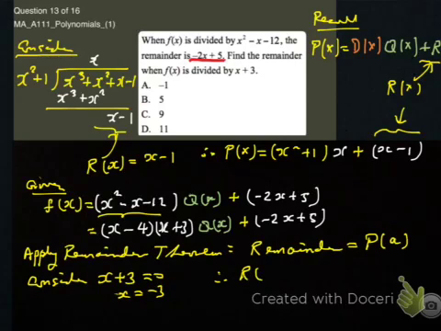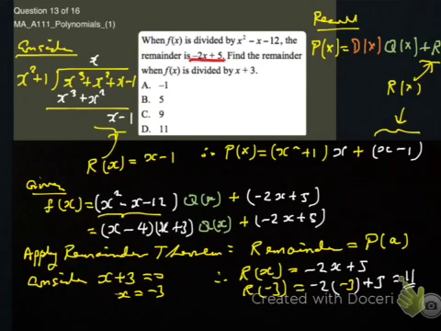Now we put x equal to minus 3, and our remainder function is minus 2x plus 5. Put x equal to minus 3 into it, and the remainder here is 11.